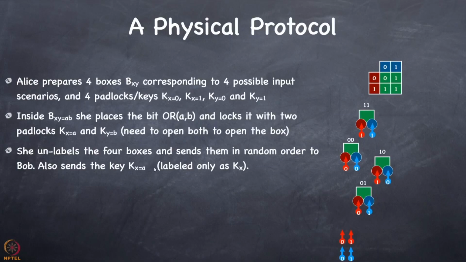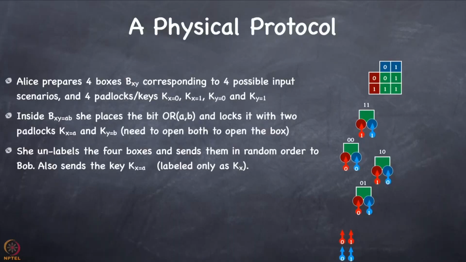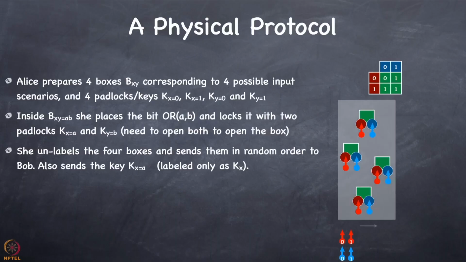So she takes the key corresponding to her input, key x equal to a, and gives it to Bob, but after removing the label on it, because looking at it you would know what a is if you kept the label. So this much is what she is sending to Bob: the 4 boxes and 1 key corresponding to her input.